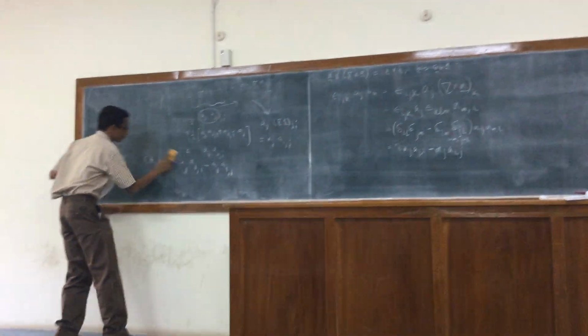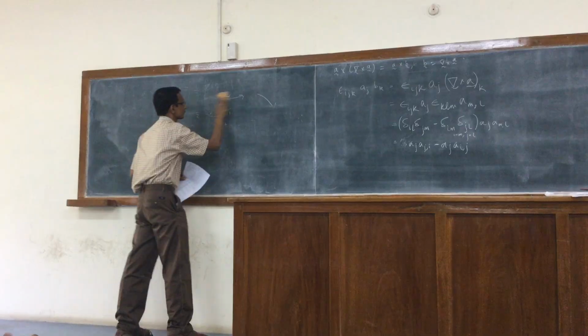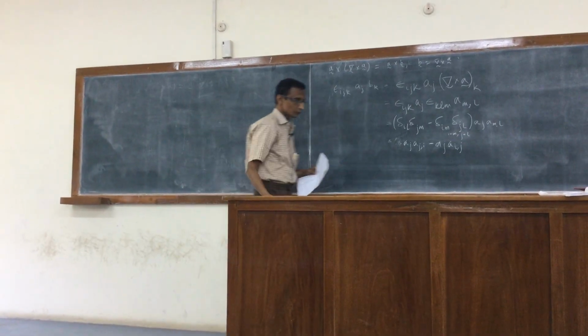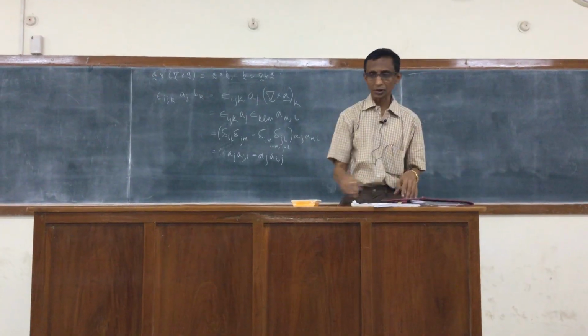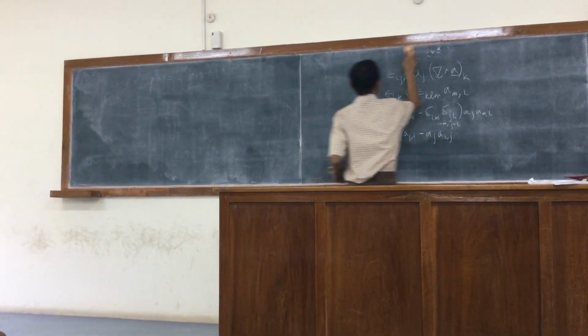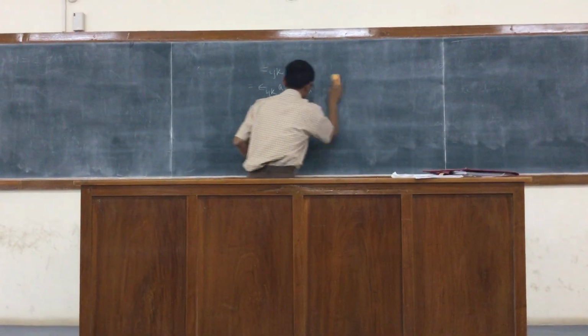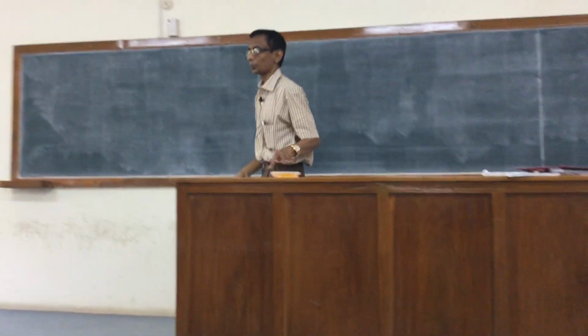Before we go on to the next topic, I want to give an outline of the proof for Cauchy's theorem. We have already seen Cauchy's theorem, but we haven't proved it, even though it is such an important result. I at least want to give a sketch of the proof.